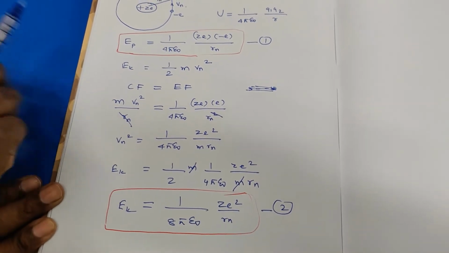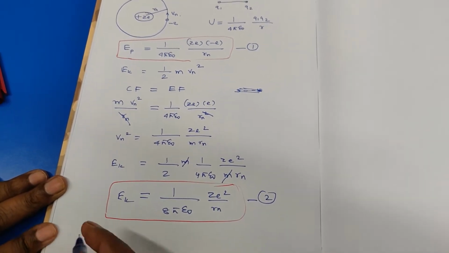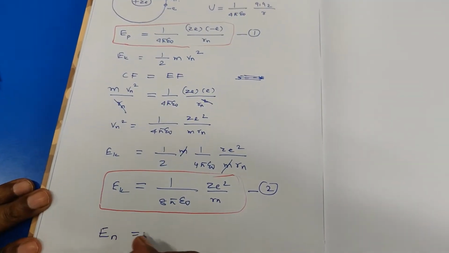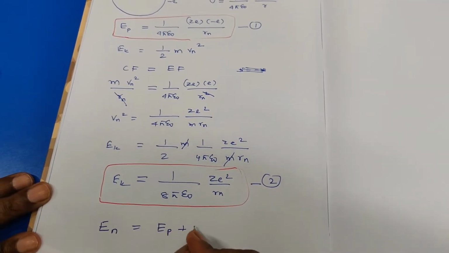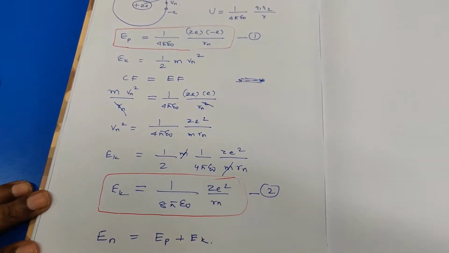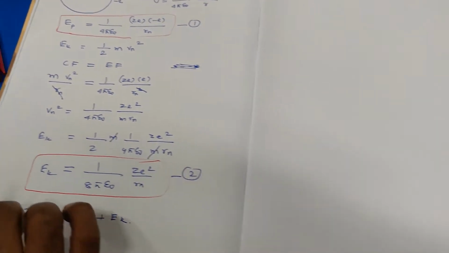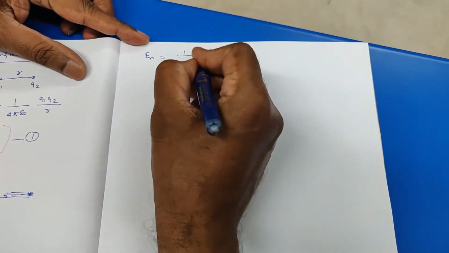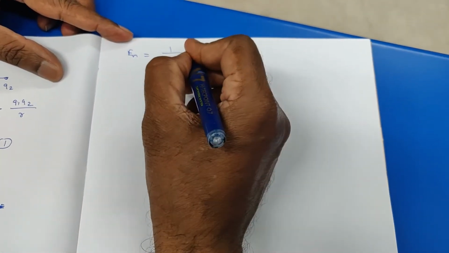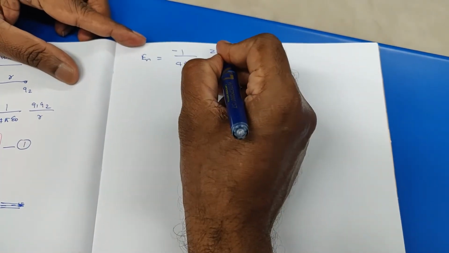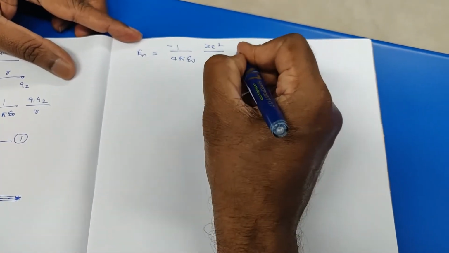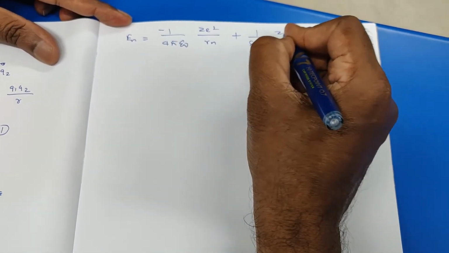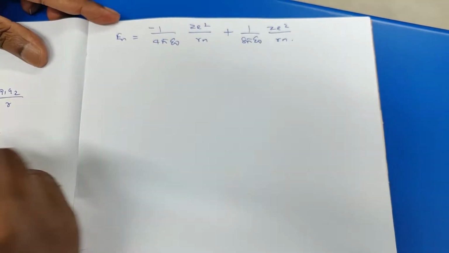So now we are going to make the total. The total energy of the electron in the nth orbit is nothing but the potential energy plus the kinetic energy. Let's find the total. So the total energy is minus 1 by 4 pi epsilon naught Ze square by Rn, potential energy, plus kinetic energy 1 by 8 pi epsilon naught Ze square by Rn.